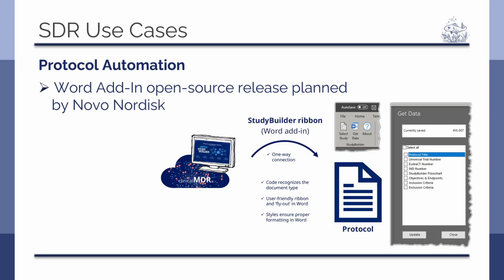And the Word add-in, which is coming soon as an open source release, is available as a ribbon. So you can just have your Word document, then you log into your study, and then you can automatically fill all the information like protocol title, the flow chart, the schedule of activities, objective endpoints, inclusion, exclusion, and so on.